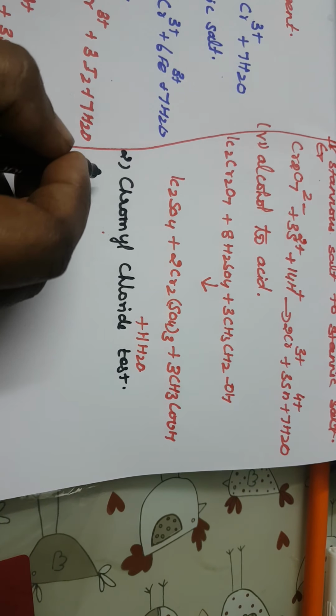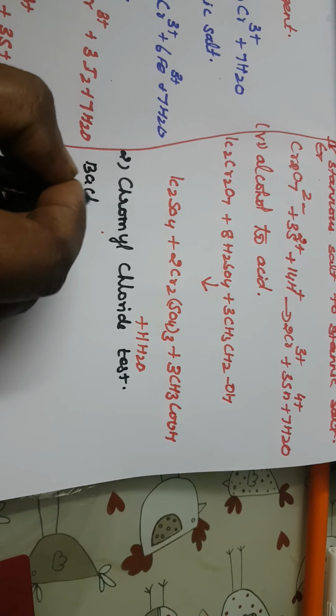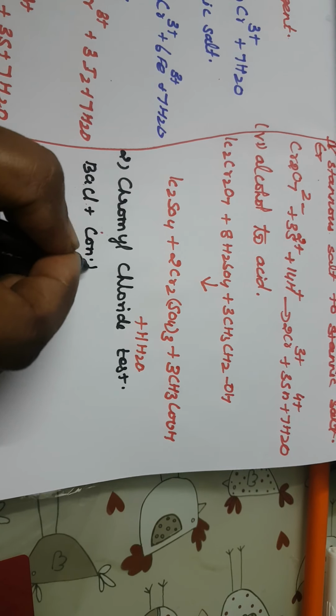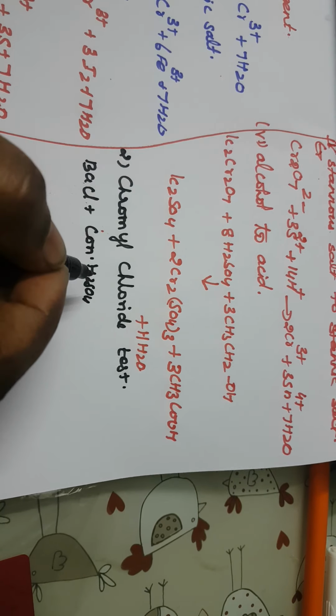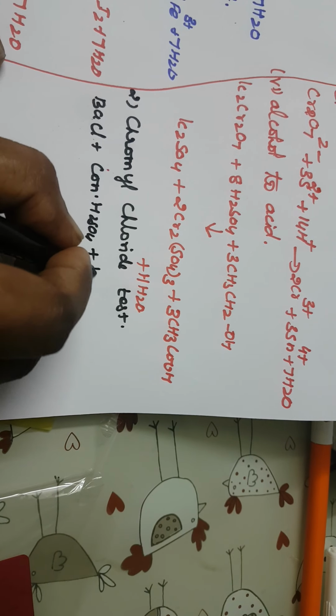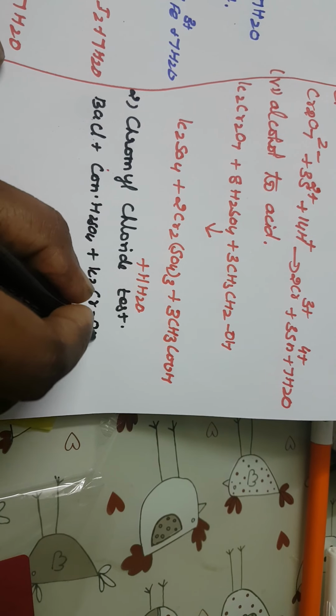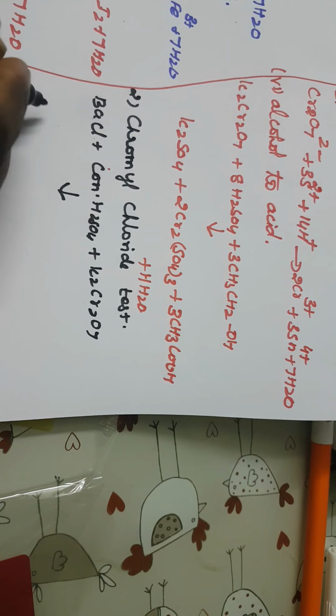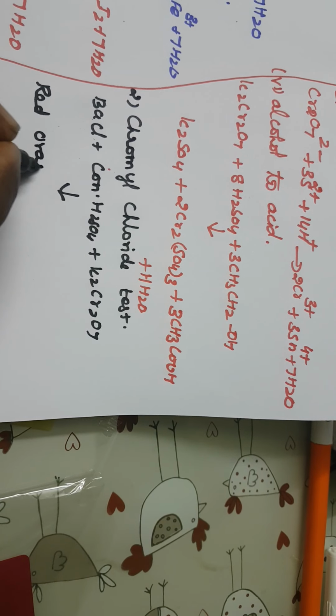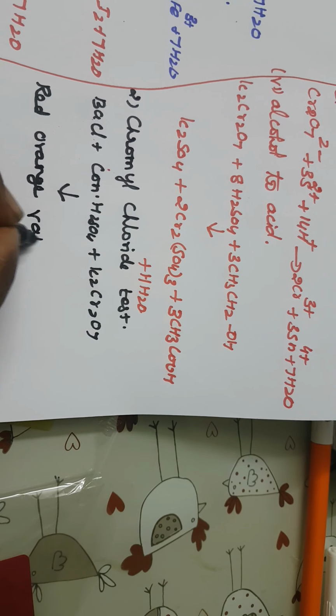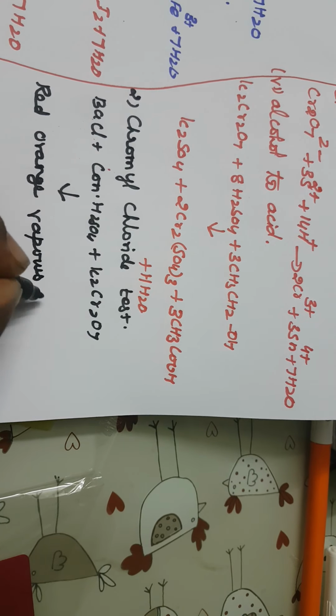So we take the chloride salt, react it with concentrated sulfuric acid, then potassium dichromate, K2Cr2O7, right? Red orange vapors are evolved. Okay, you remember that? Red orange vapors evolved. These vapors are passed through lead acetate solution.